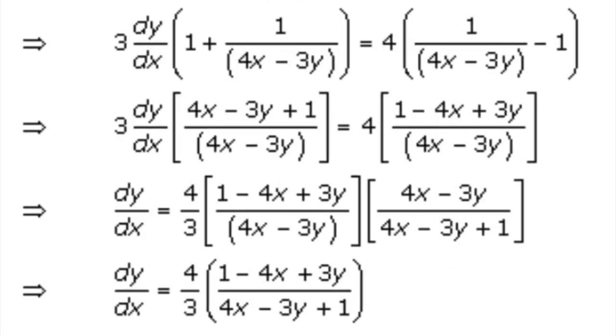So in the next step, we can observe that 4x minus 3y is present in the numerator as well as the denominator. So these two terms get cancelled. So we have 4 upon 3 into 1 minus 4x plus 3y upon 4x minus 3y plus 1.